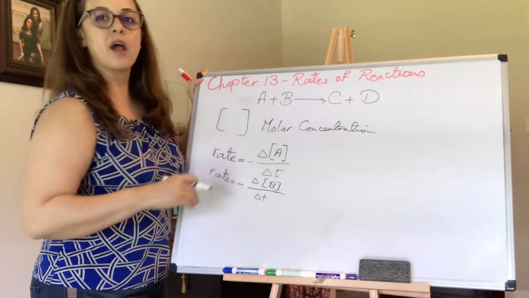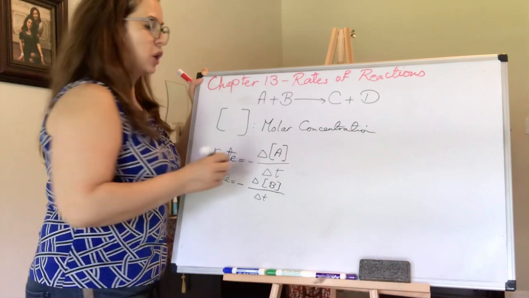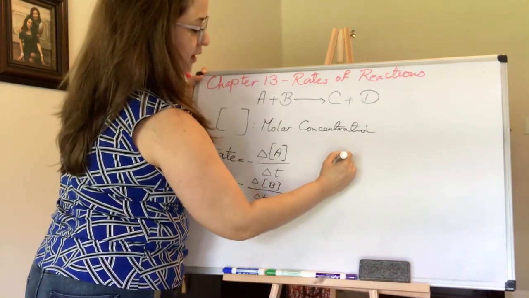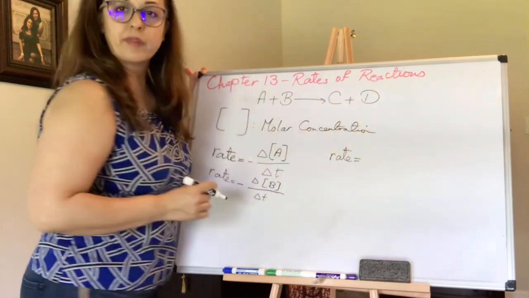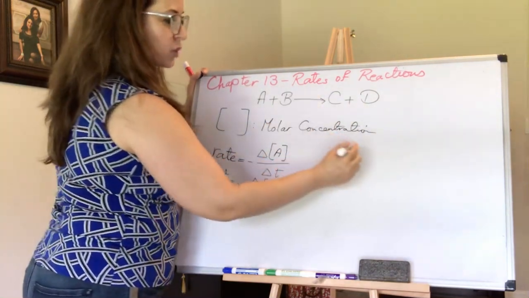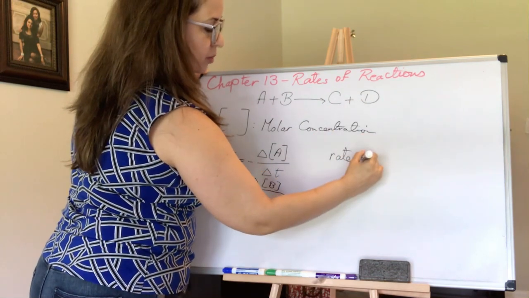On the other side, if you want to write the rate based on C and D, how would you write it? We said for the products, the concentration is going to be increasing.